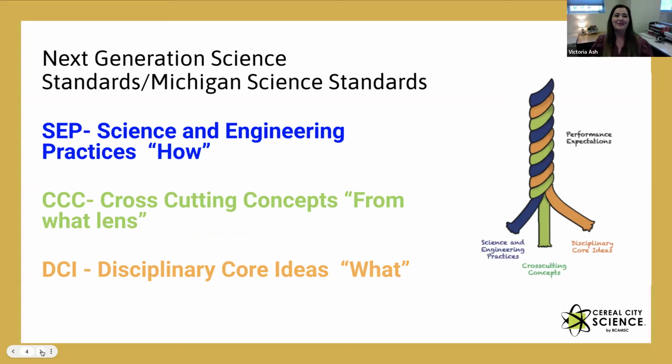Before I continue though, when we talk about our science and engineering practices, our cross-cutting concepts, and our disciplinary core ideas, we look at how those things work together and intertwine to make the performance expectation in our NGSS.